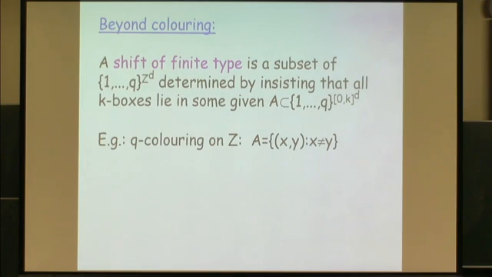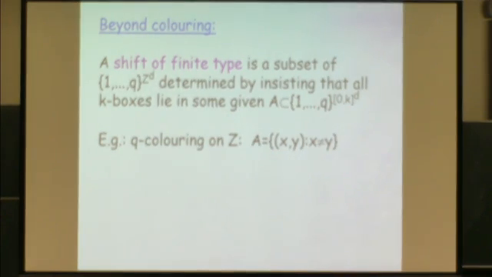So I'm on Z^d still, and I'm going to define a set of allowed configurations. So I still have Q colours that are allowed. There's a set of configurations, and it's determined by insisting that every 10 by 10 box, say, I have a list of allowed patterns that I'm allowed to see on a 10 by 10 box.